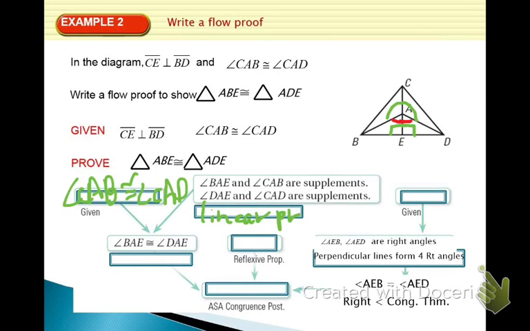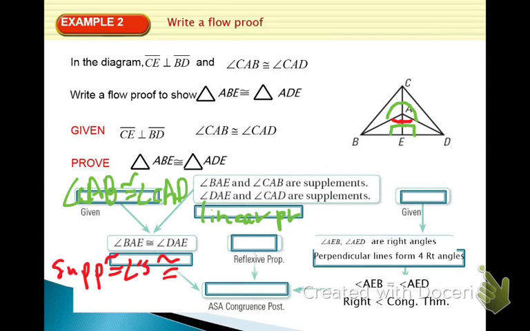BAE is supplementary to the first one, DAE is supplementary to CAD. So these are supplements of congruent angles, so they're congruent. That would be our reason, and you can just write it as supplements of congruent angles are congruent. If you don't remember the name, that's the congruent supplements theorem. But more importantly, I need to know the idea. If you remember the idea, just write the idea, and you can abbreviate it with symbols. So that's that part of the proof.